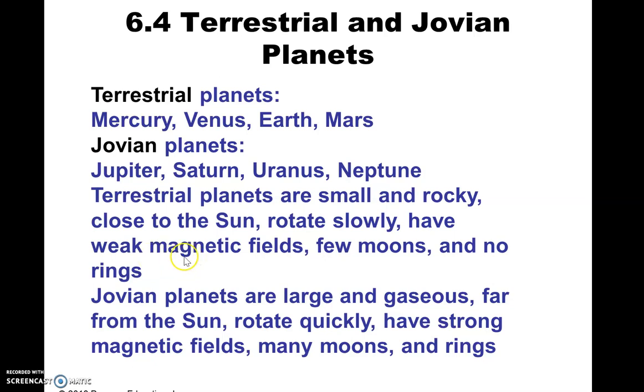But overall, compared to the Jovian planets, it has a relatively weak magnetic field. And the terrestrial worlds have only a few moons. There's 3 of them, basically. The Earth has 1, Mars has 2, and the ones for Mars are relatively small, little moons.